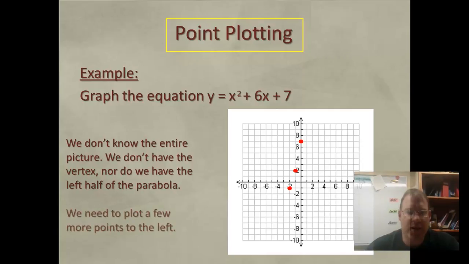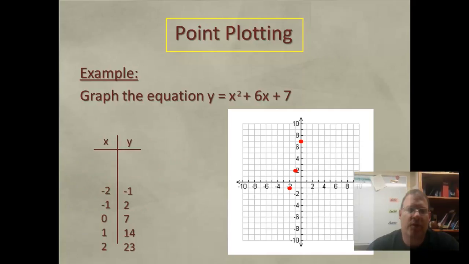So the solution to that is to plot a few more points on the left hand side. So if I started at -2 and I want a few more points to the left, how about -3 and -4? And when I plug those two in, I get the following values. A -1, and I've already put the point in there.